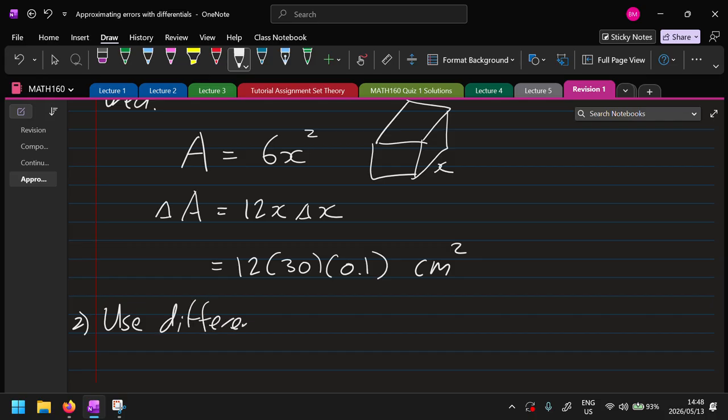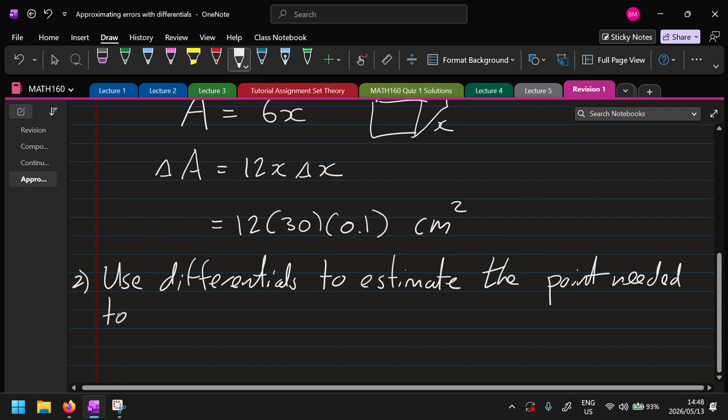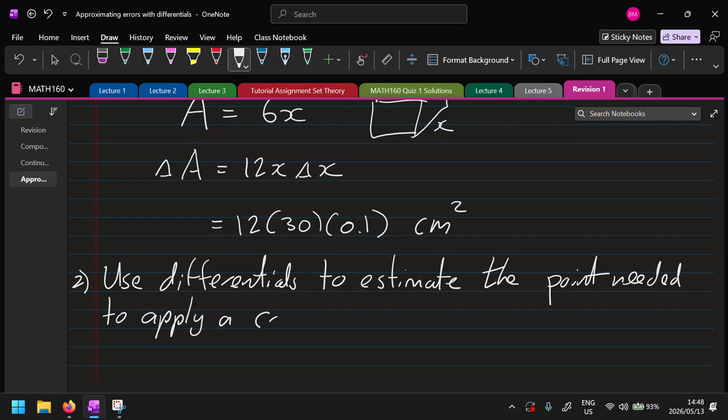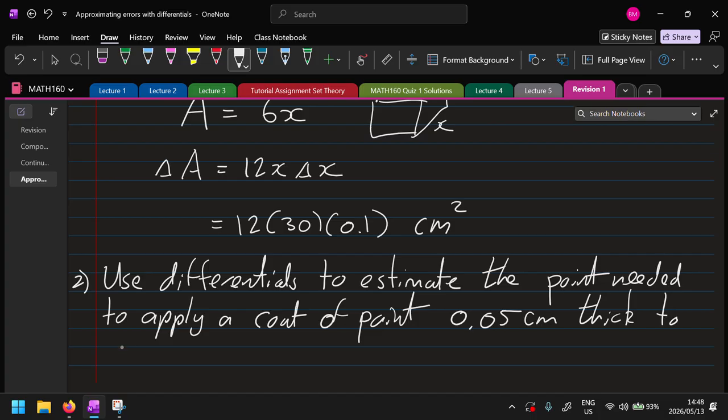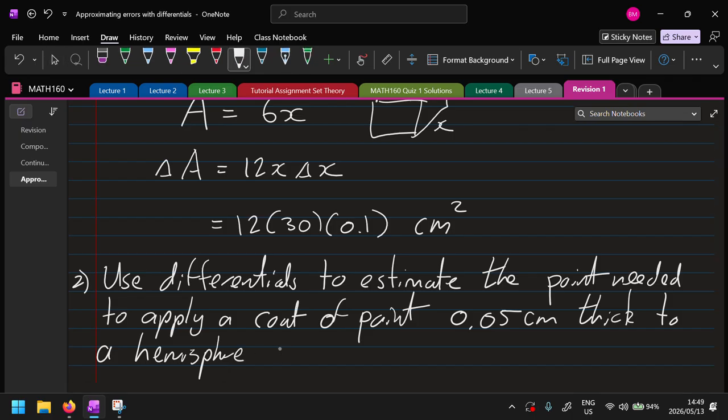Use differentials to estimate the amount of paint needed to apply a coat of paint 0.05 centimeters thick to a hemisphere with diameter 50.